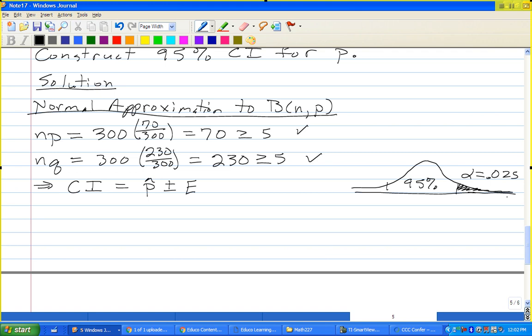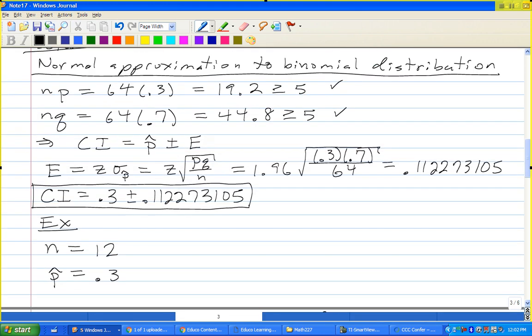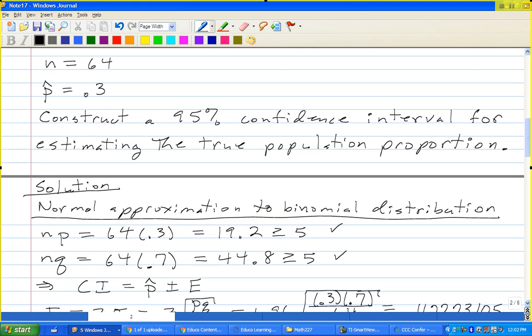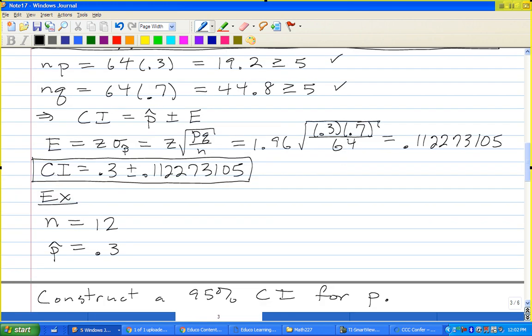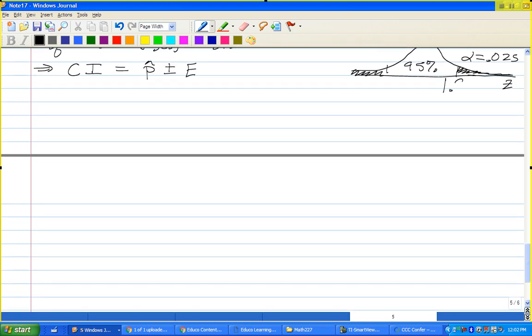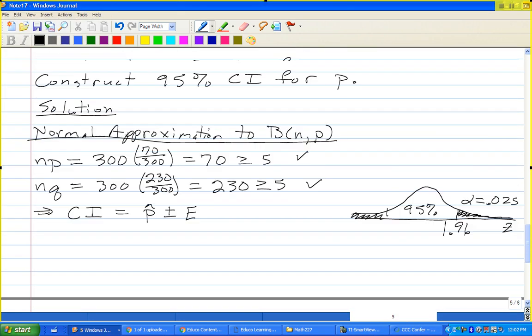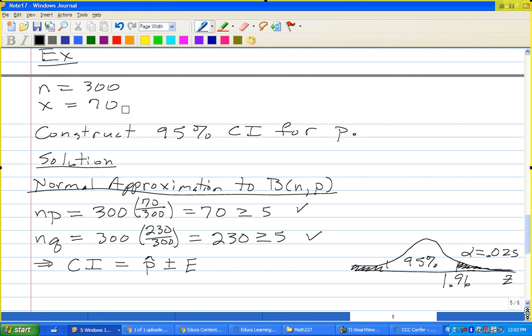And well, we already looked, and I think I can just, hopefully I looked up above. So for 95% confidence interval, we already did that, and the z value was 1.96. If I have 70 successes out of 300, then 230 of them must have been failures.